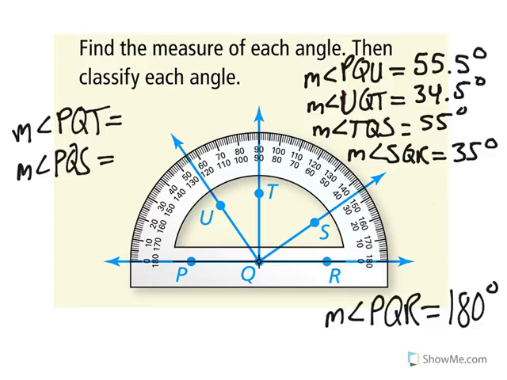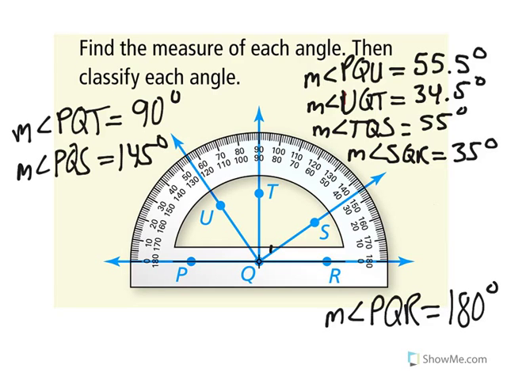There are many different variations. I could choose any of these rays, start on one and then go to another ray, and make that angle. If I look at PQT, notice that angle is 90 degrees. If I look at PQS, that one goes from 0 to 145, so I'm going to do the 145.